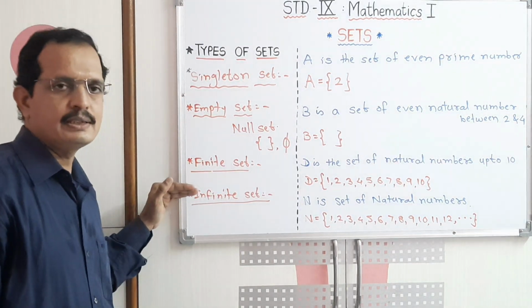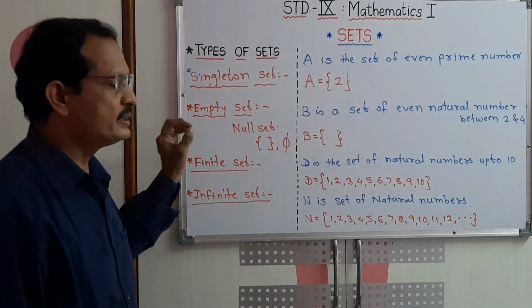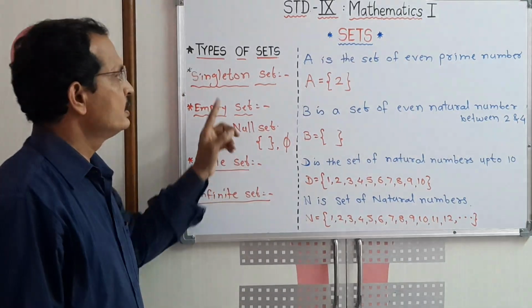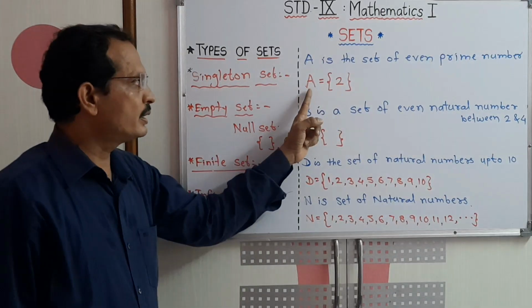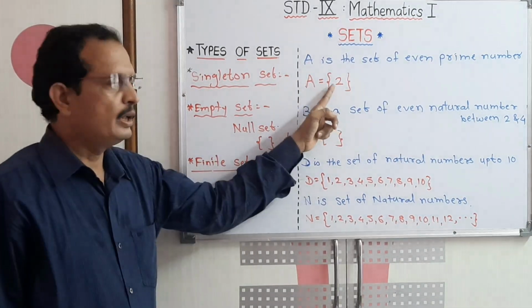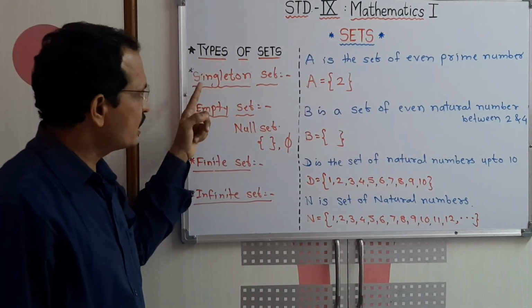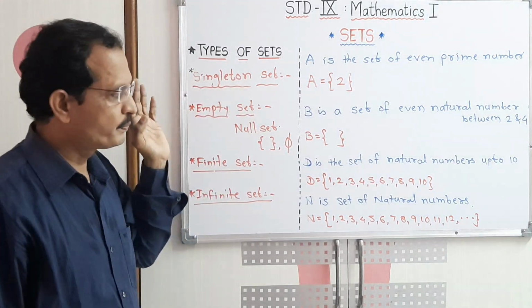These types of sets depend upon the number of elements present in a particular set. Suppose A is a set of even prime numbers. This set consists of one element, and therefore such a set is called a singleton set.